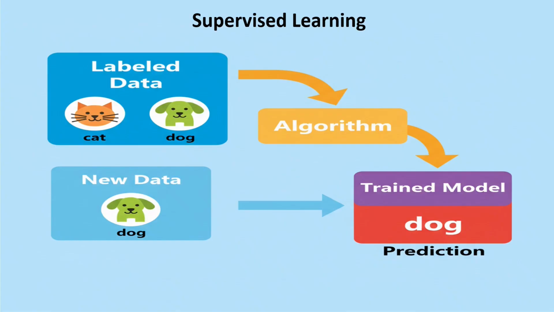So now the algorithm understands a particular image because we have already pre-processed it with the labeled data.